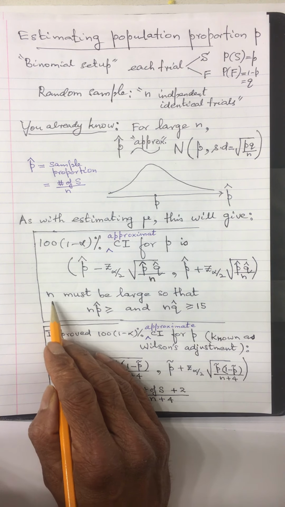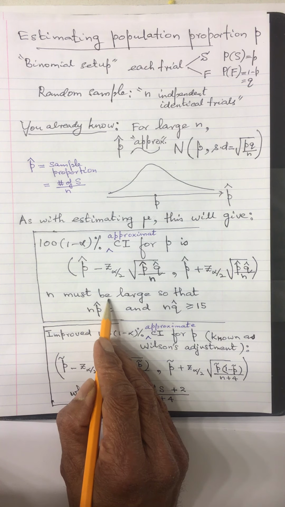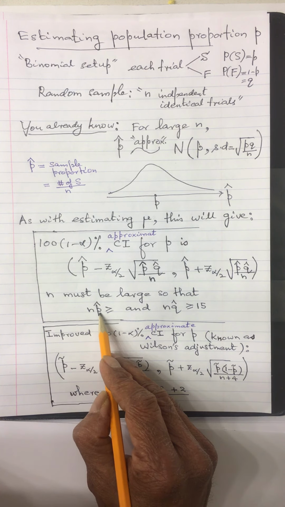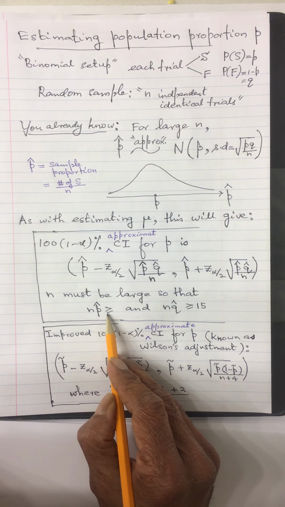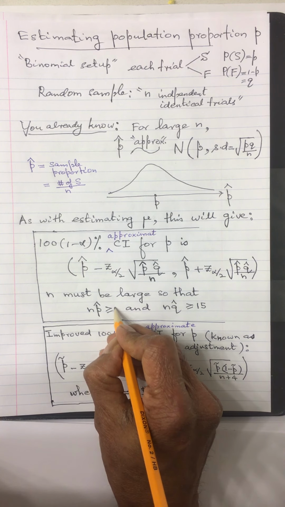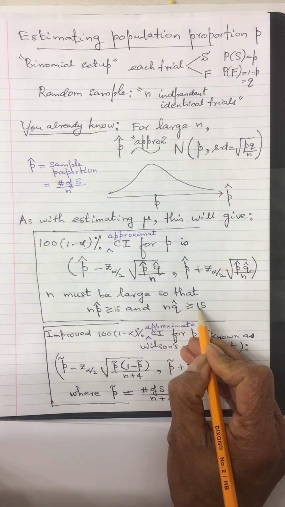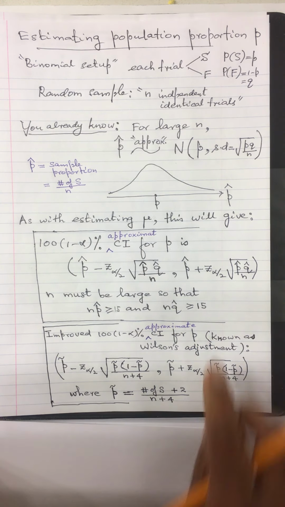Here the condition is that n must be large, so that n p hat must be greater than or equal to 15, and n q hat must be greater than or equal to 15.